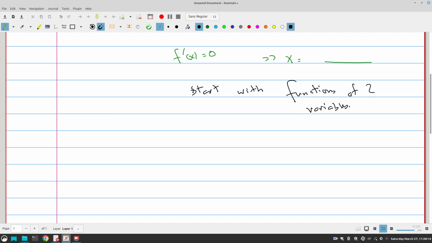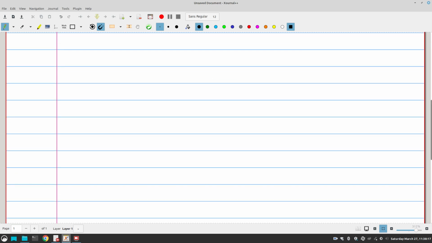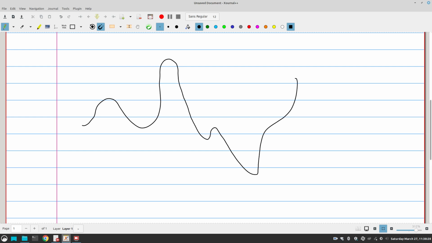So if you recall in single variable calculus, we're going to look at local minimum, maximum and absolute minimum, maximum. So the points P and Q are local maxima, right? P and Q are local maxima.